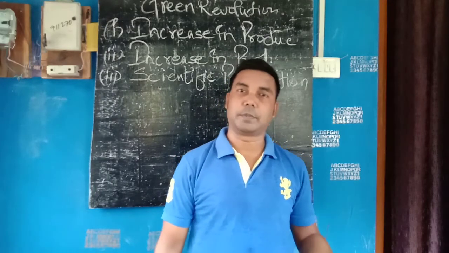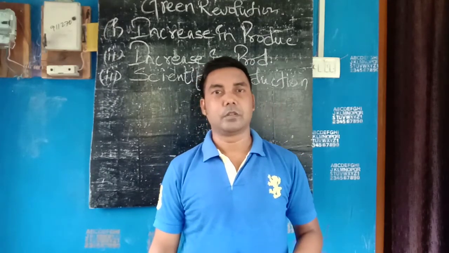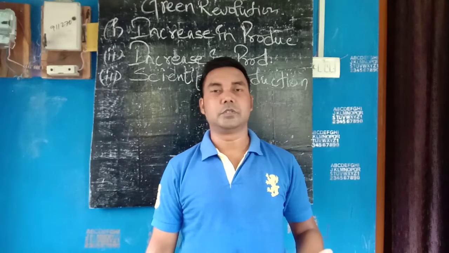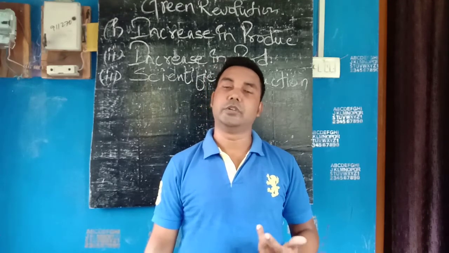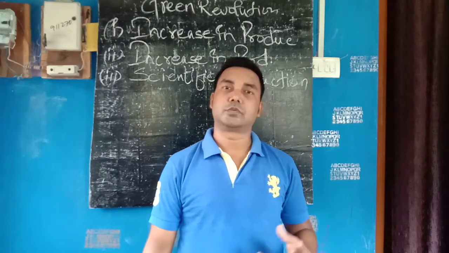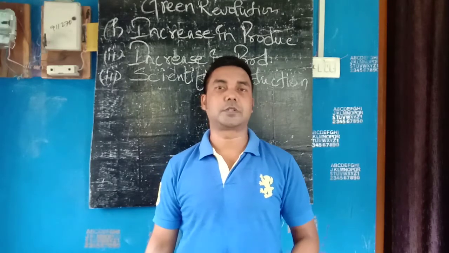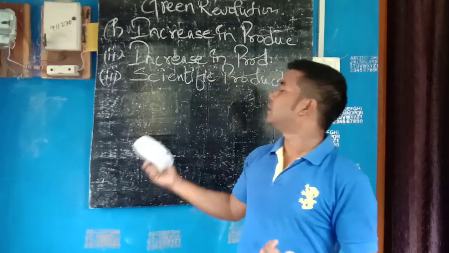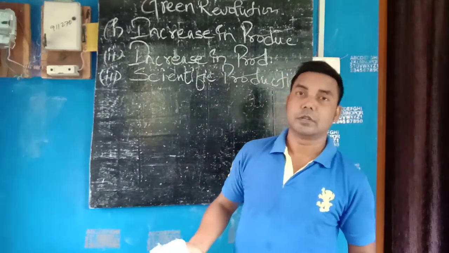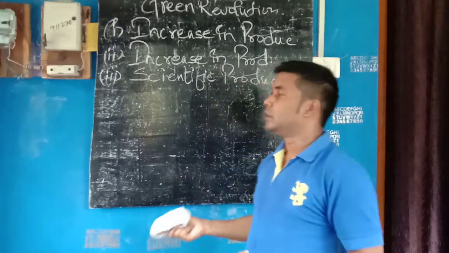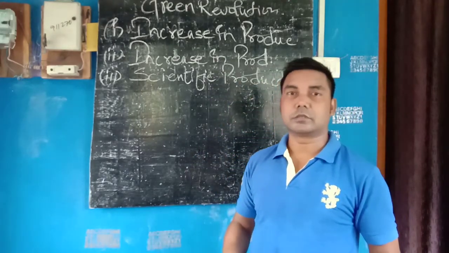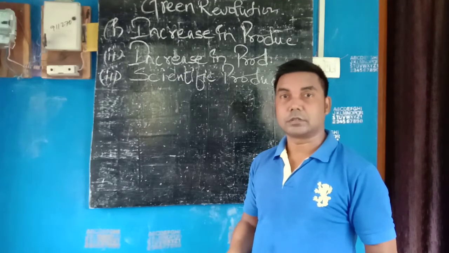Insecticide to kill the insect, pesticide to kill the pest. Fertilizers will increase the production and give nutrition to the crops. Through this, the crops can increase. So all the scientific introduction, the farmers are using through the Green Revolution.